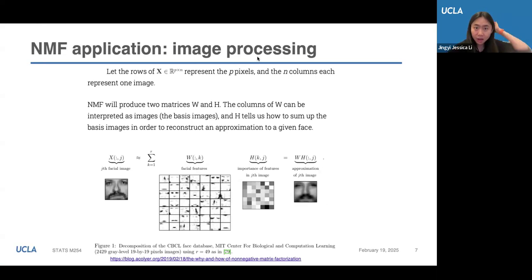But actually, we're running out of time. Let me see whether I can find that image quickly to give you the idea. Okay, I think this is a good figure to take a look at.